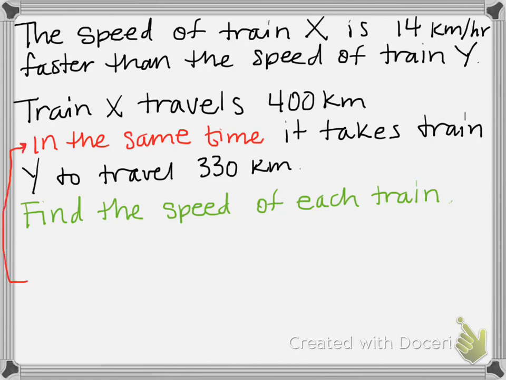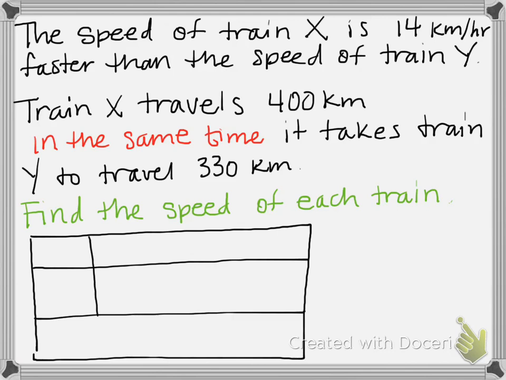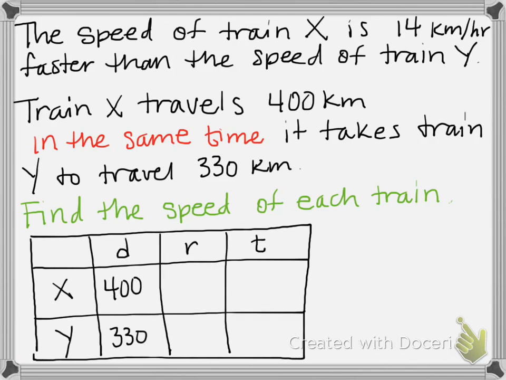So, remembering that T sub 1 equals T sub 2, we have the ratios of the distance to the rate. And therefore, what we are going to do is set up our chart and plug in the first piece of information, which is the distances. For train X, we have 400 kilometers, and for train Y, we have 330.